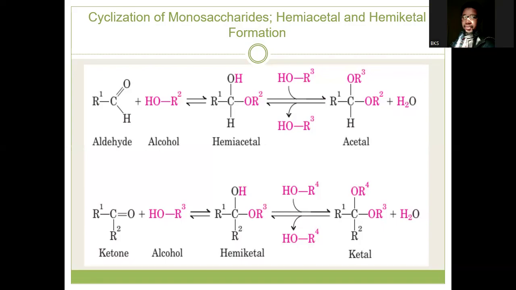When they react, let's look at this structure. We can see this is an aldehyde group, this is an alcohol group. In solution, they can actually react. In solution, this OH group will somehow dissociate, with the hydrogen becoming partially positive and the oxygen partially negative.